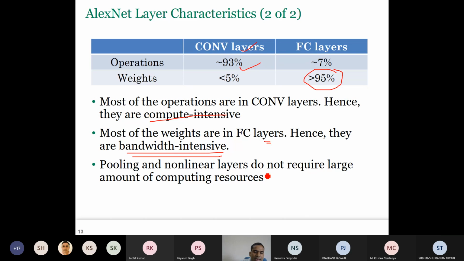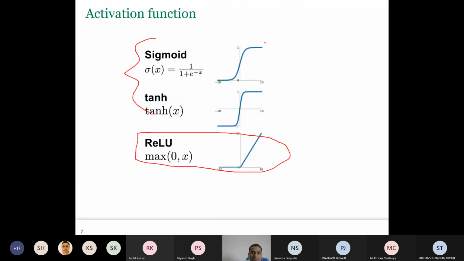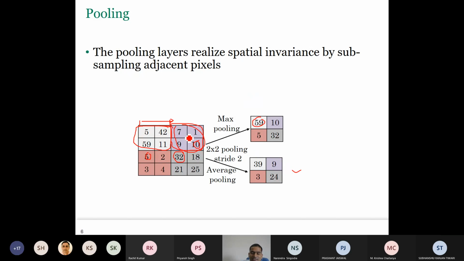Now, pooling and nonlinear layers do not require a large amount of computing resources. For pooling layers, there is no trainable weight. The pooling layer itself does not have any weights. We are just reducing the number of total pixels. There are no new weights.